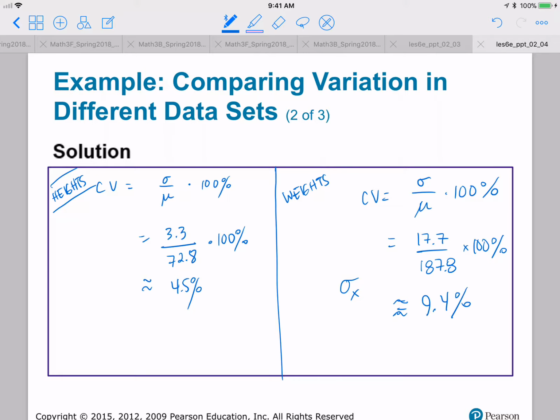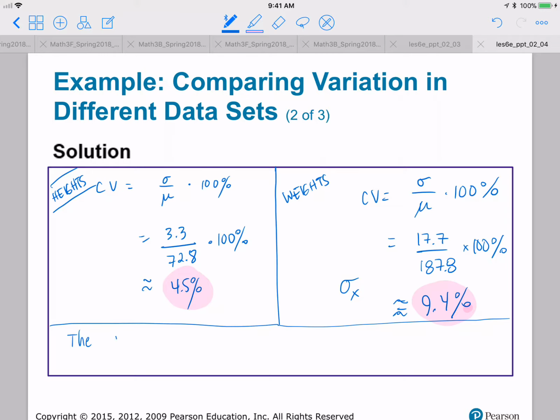So here's how we interpret these numbers. This 9.4% is about twice as much as the 4.5%, right? So the weights are more variable than the heights.